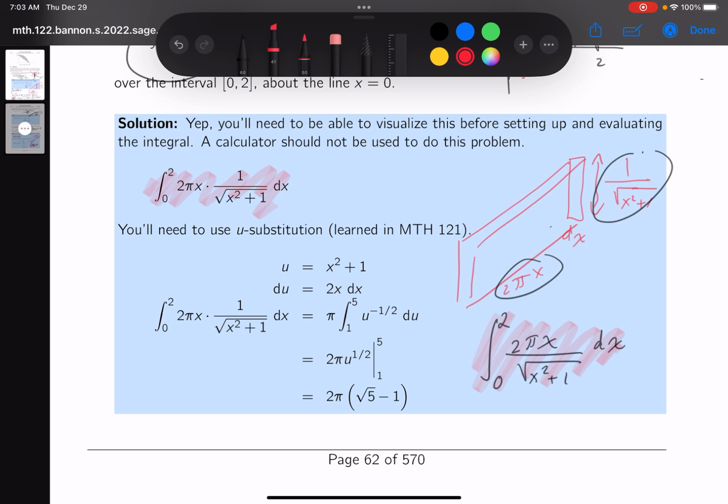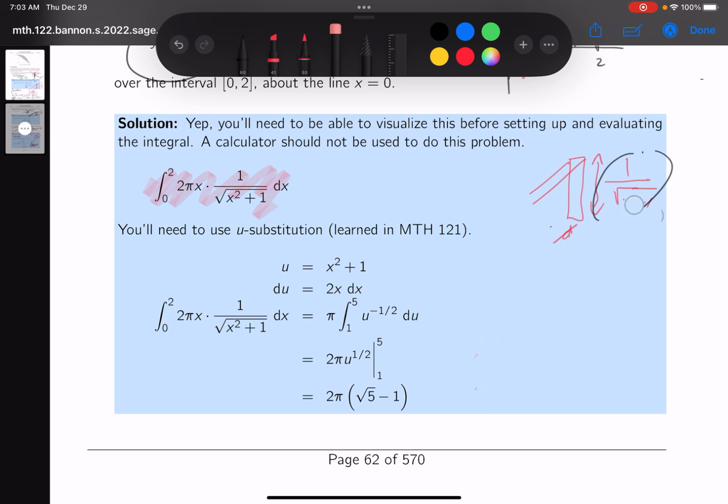What do we have to do now? We have to do the integration. Let me erase this business over here. And I want to talk through the integration. In Math 121, Calc 1, you learned about u substitution, and you should take advantage of that. What I would probably do is let u equal x squared plus 1, and du would be 2x dx.